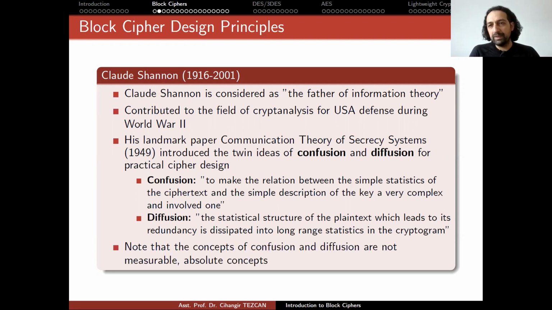So as you can see, these are not absolute concepts. These concepts are not measurable. So when we are designing a block cipher, we are trying to find a mathematical reasoning for the choices we make for confusion and diffusion.